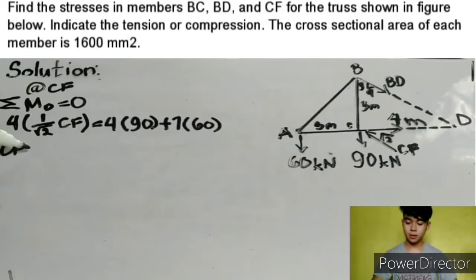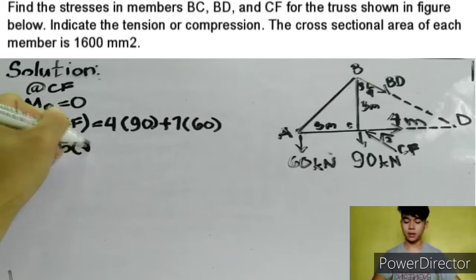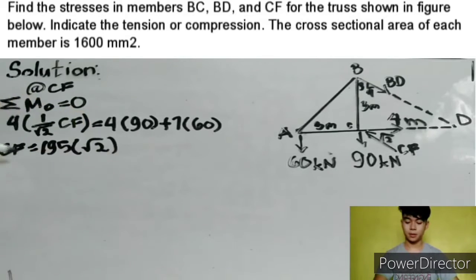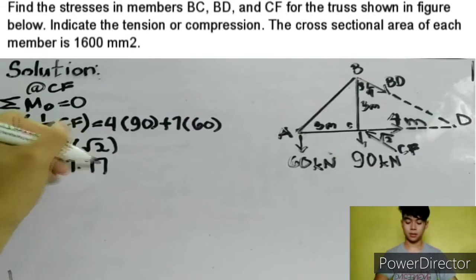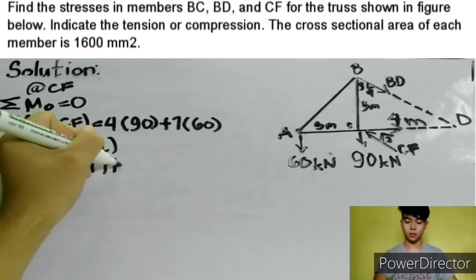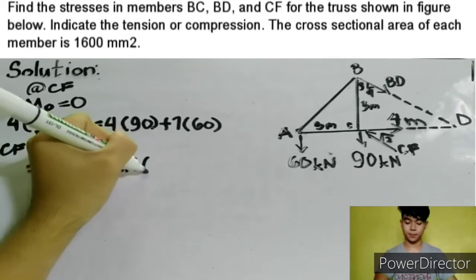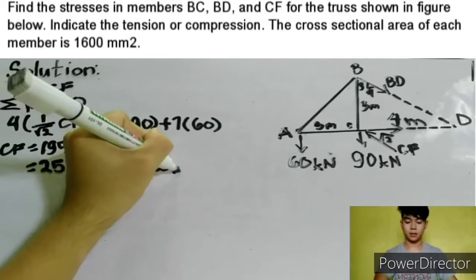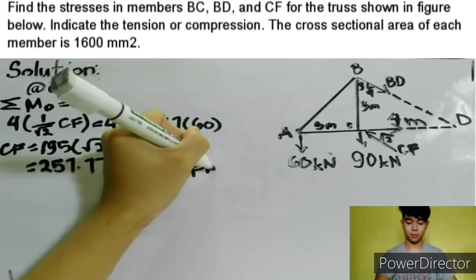CF is equal to 195 times square root of 2. So CF is equal to 275.77 kilonewton, and it is compression.